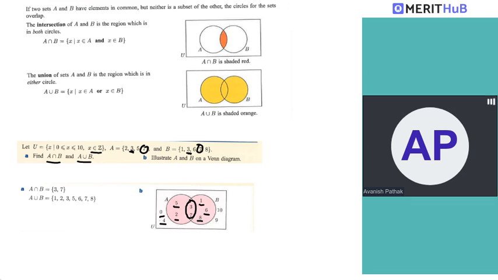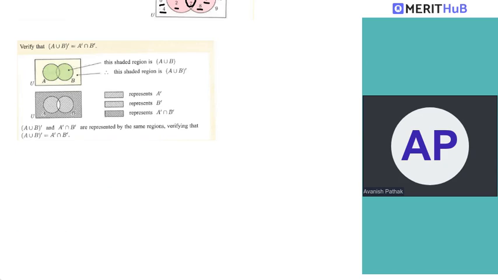Now, moving ahead to the Venn diagram of the regions. That literally means putting up the complements of the sets under the Venn diagram regions, and verifying things. For example, they ask you to verify this: A union B whole complement can be written as A complement intersection B complement.